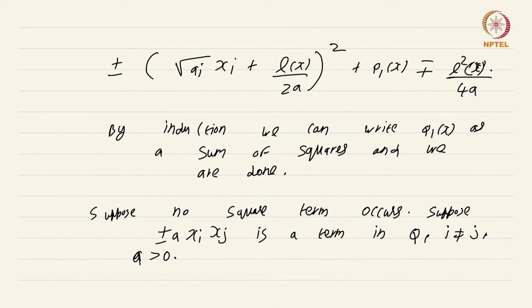Now we are going to define some linear functionals. We define L1 of x to be xi minus xj, and L2 of x is xi plus xj.